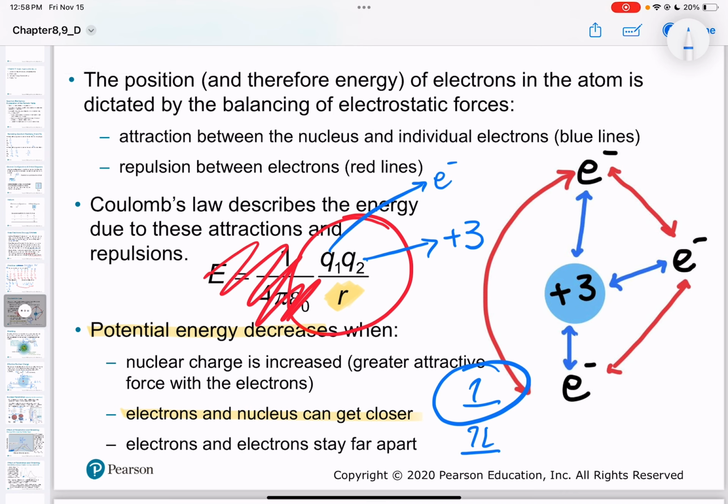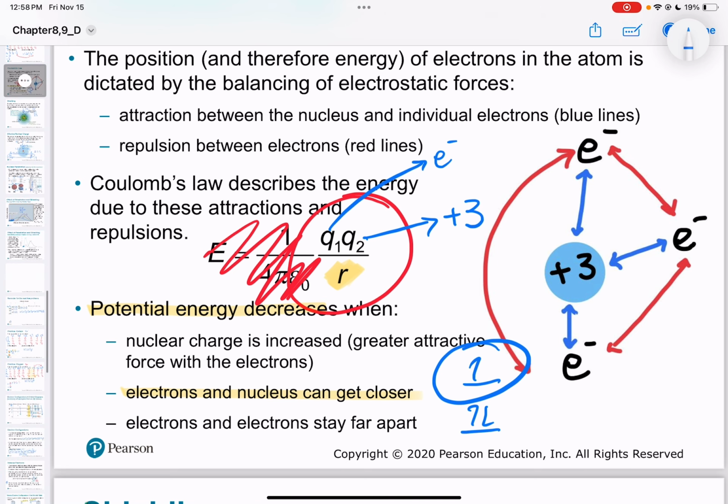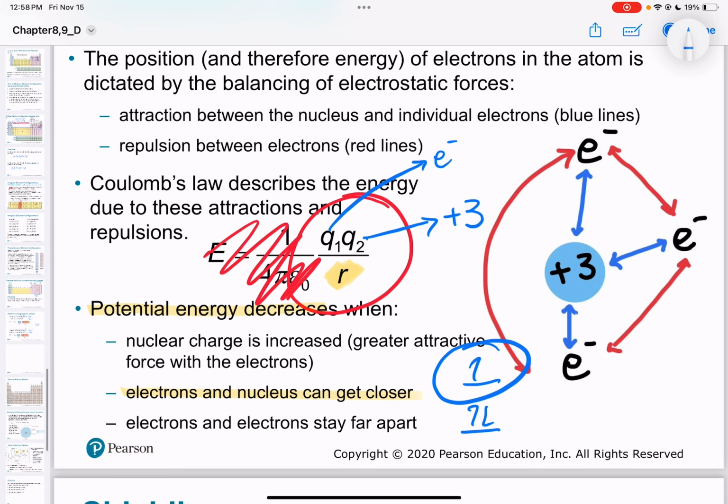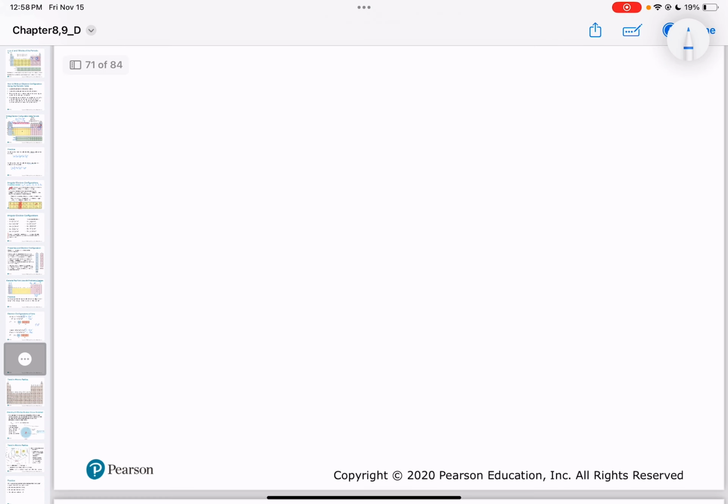The whole notion of how the shielding affects the ability for the outer electrons to feel that nuclear charge, how that affects how close they can get, we'll go through that again when we talk about the size of atoms, which we're going to do on Monday. So like I said, just try to do as much of the Chapter 9 homework as possible so that you're up to date. Okay? Have a good weekend.